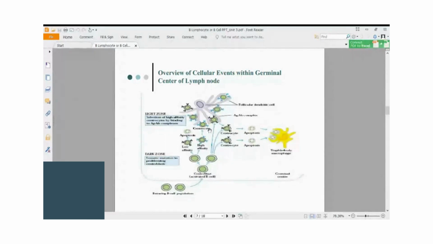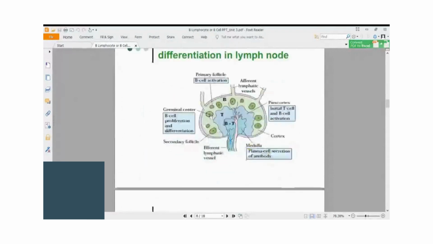Please remember, those B lymphocytes which are highly proliferative, that is in the secondary germinal center, secondary follicle, and in the paracortex area, are highly proliferative B lymphocytes. They are called centroblasts. Okay, and those cells which arrive here in the primary follicle area, they are called centrocytes. They do not divide.